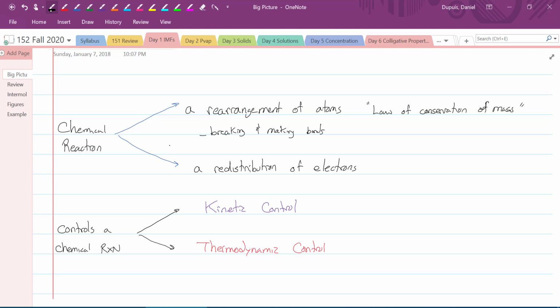Now, the biggest thing about kinetic control, which we haven't talked about yet, and we haven't talked about any of this yet, is activation energy. Again, I'm going to use a lot of human behavior in this course. We make decisions.